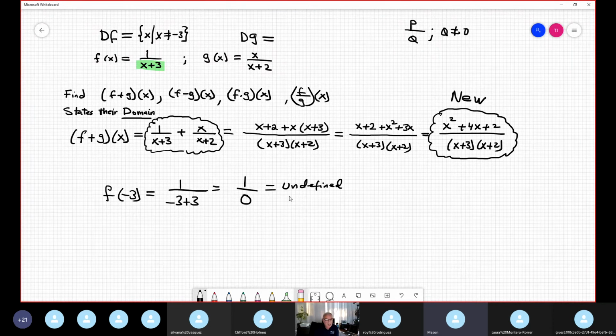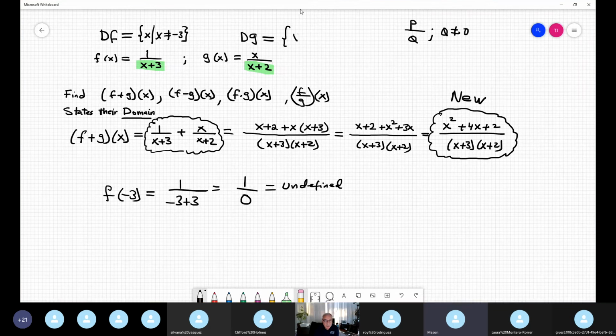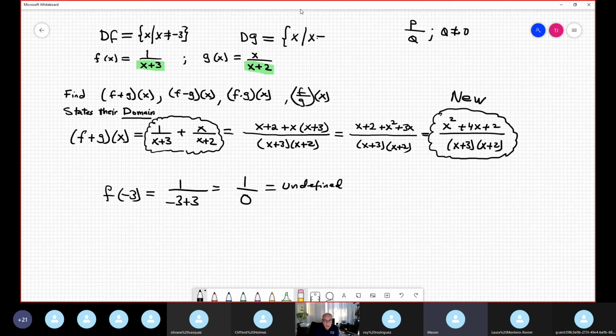Undefined means error, mistake, and it's totally out of the domain. Likewise, similarly, the domain of G is this expression, so you put it equal to negative 2, no? So x such that x does not equal negative 2.